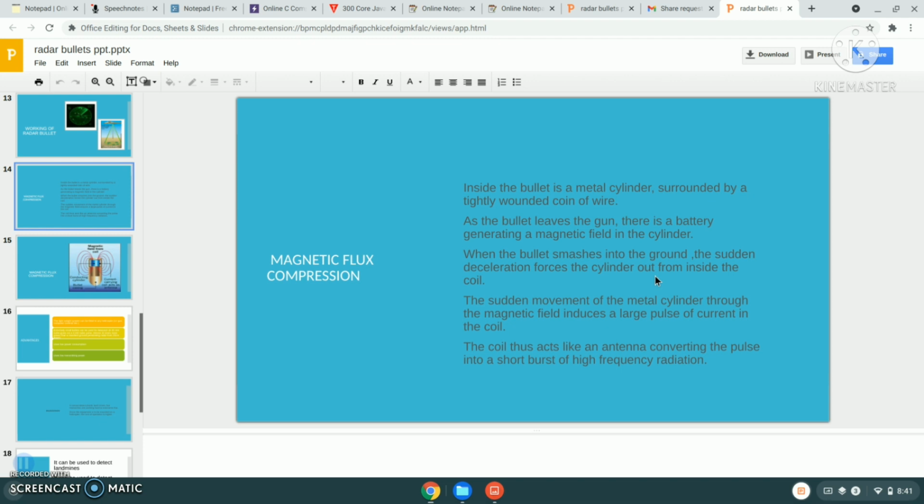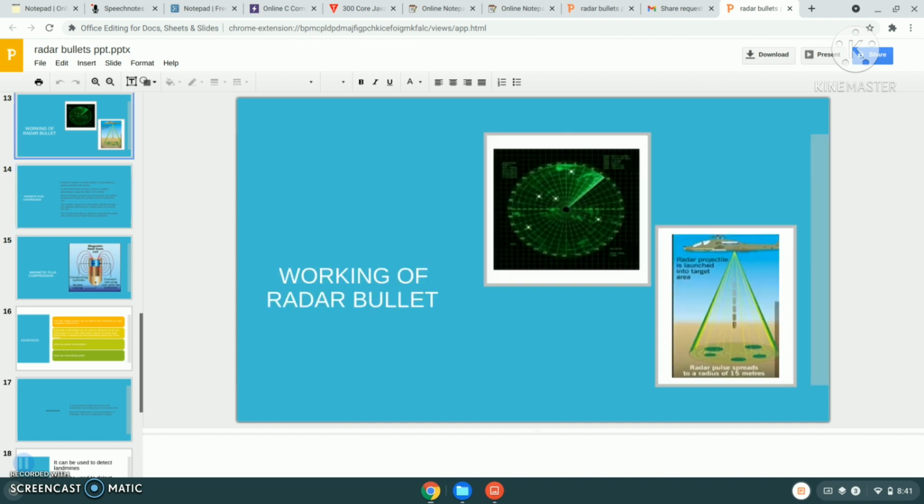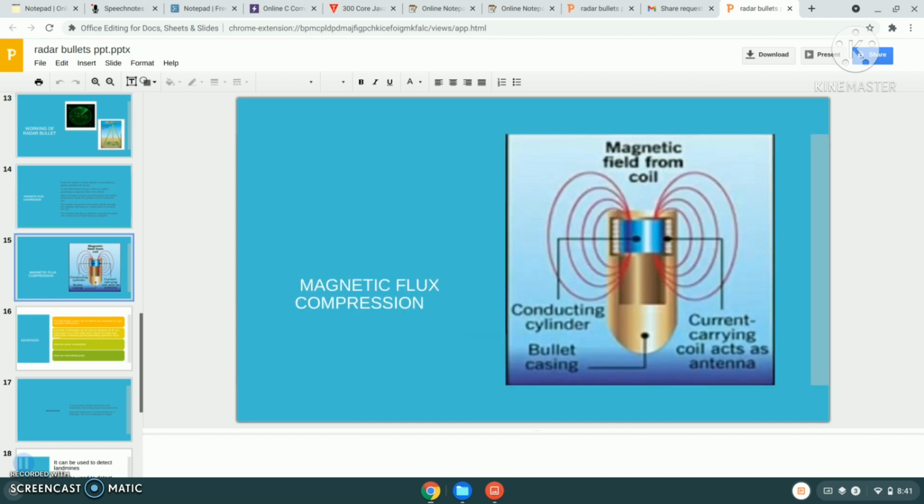And detection is completed. How will it destroy the landmines? By using the magnetic flux compression principle. So what is magnetic flux compression? This is the internal structure of the bullet. Here it is a conducting cylinder which is wound by a magnetic coil.